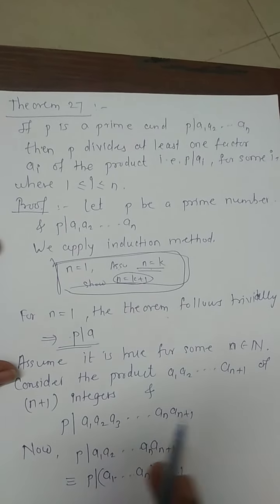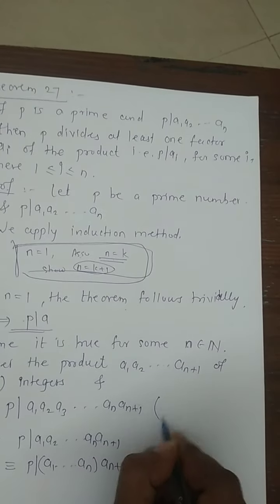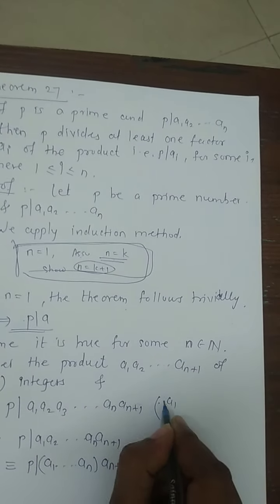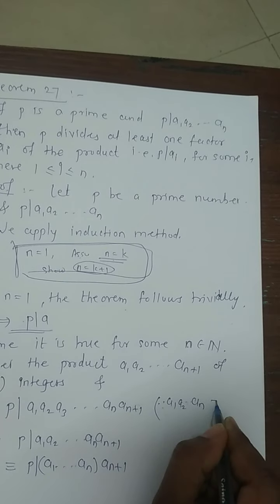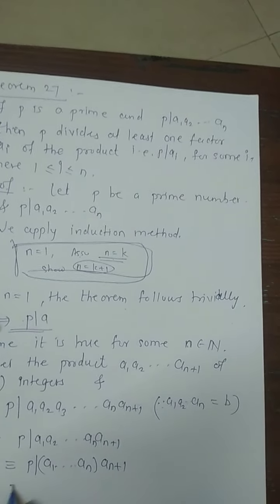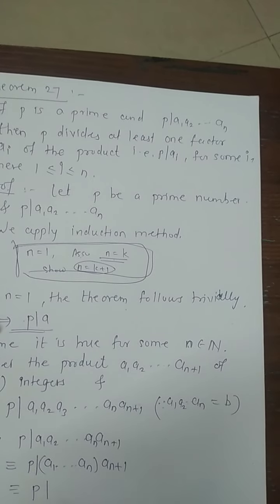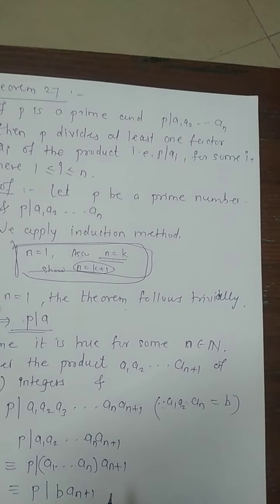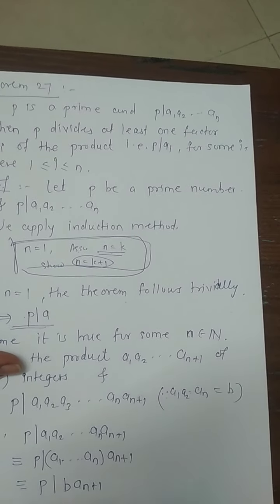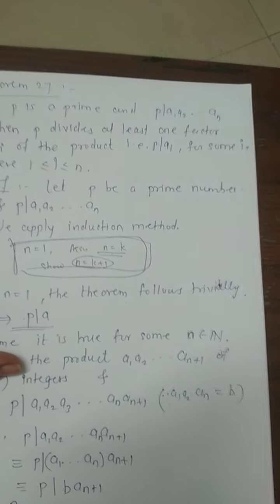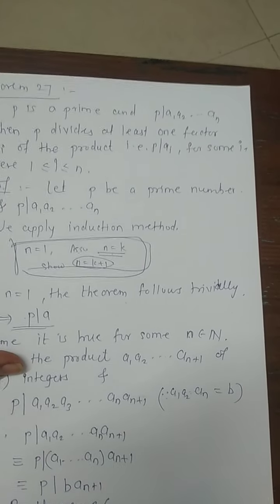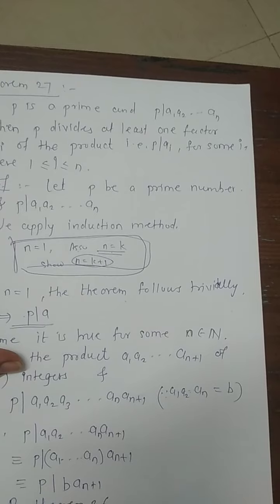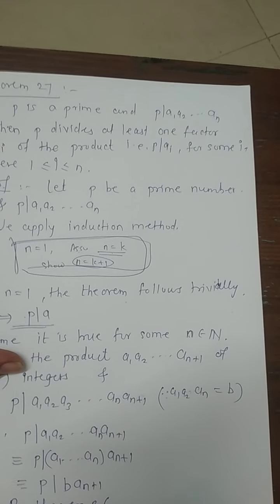Since this product A1, A2, An, we can call it, suppose, B, we can write P divides B into An plus 1. So by theorem 26, what can we say? Either P divides B or P divides An plus 1.